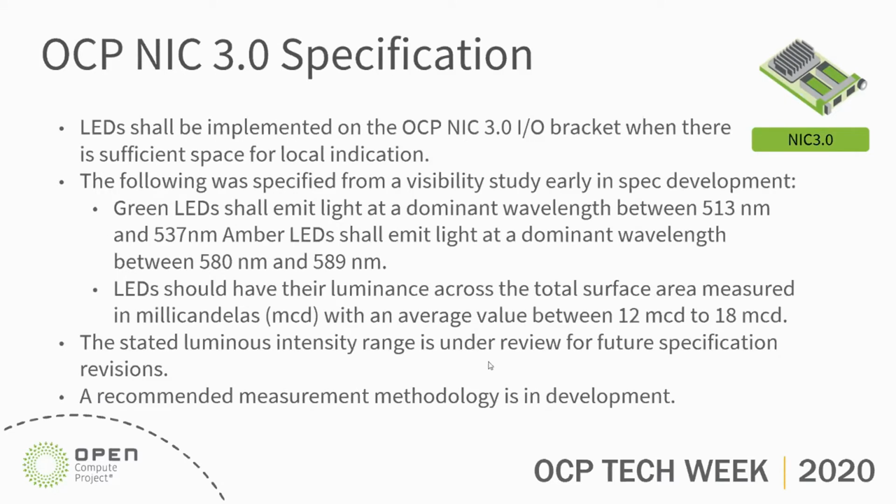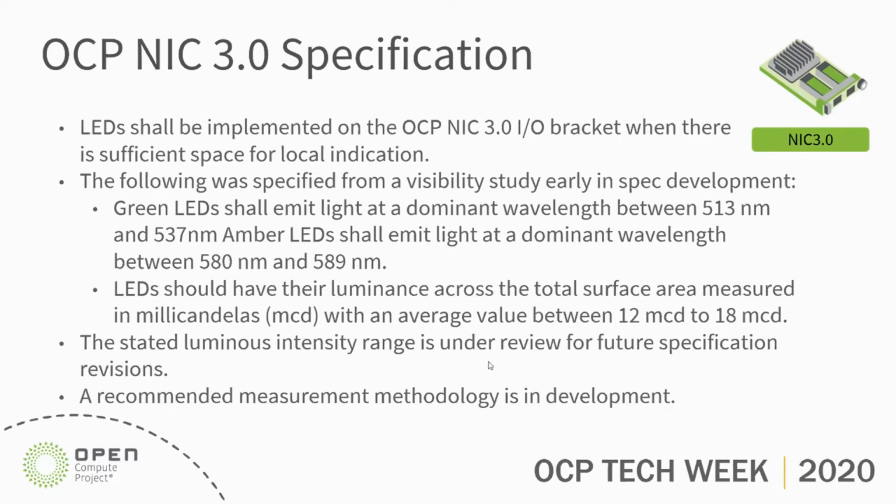So the current OCP 3.0 spec today, if you look in the spec, I believe it's in chapter 4 maybe, or table 40. It does talk about the specification for the link and activity LEDs.